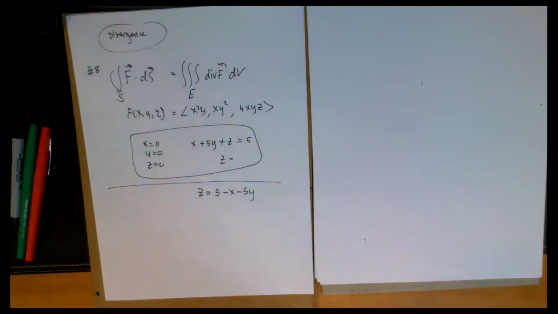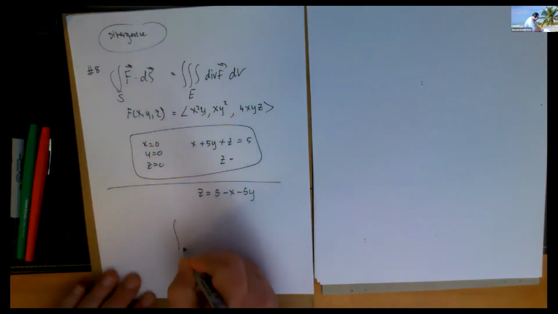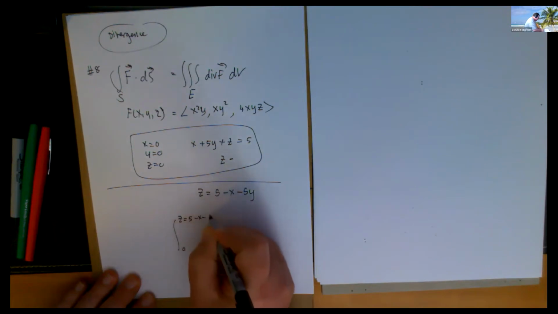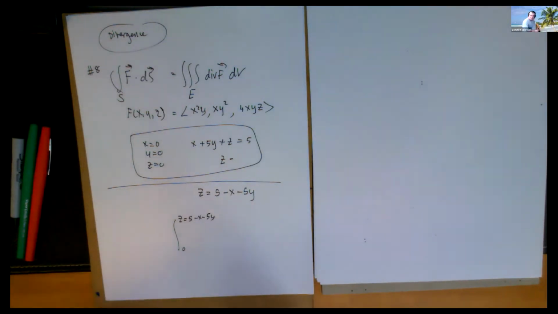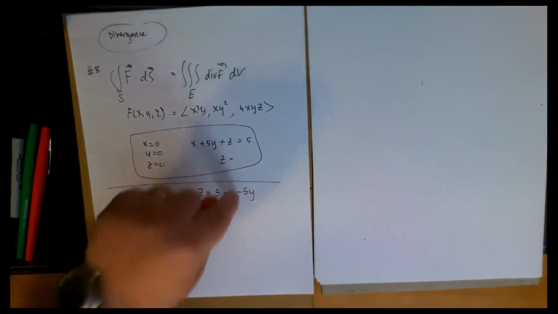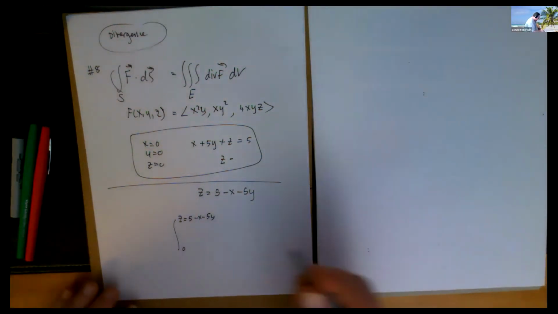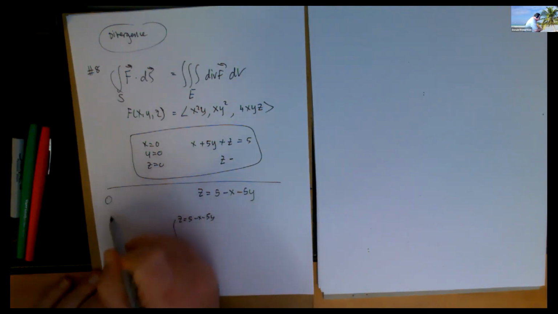So my z's are going to go from 0 to 5 take away x, take away 5y. Now I'm going to project that down onto the floor, which essentially means z is 0.